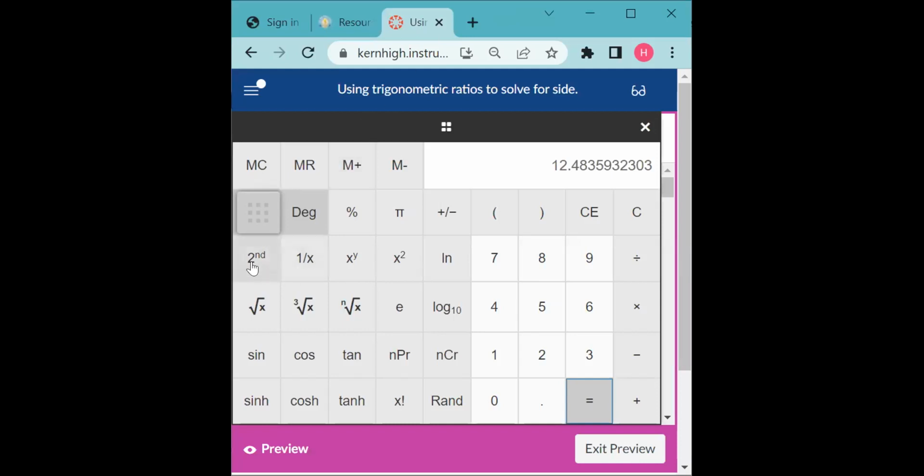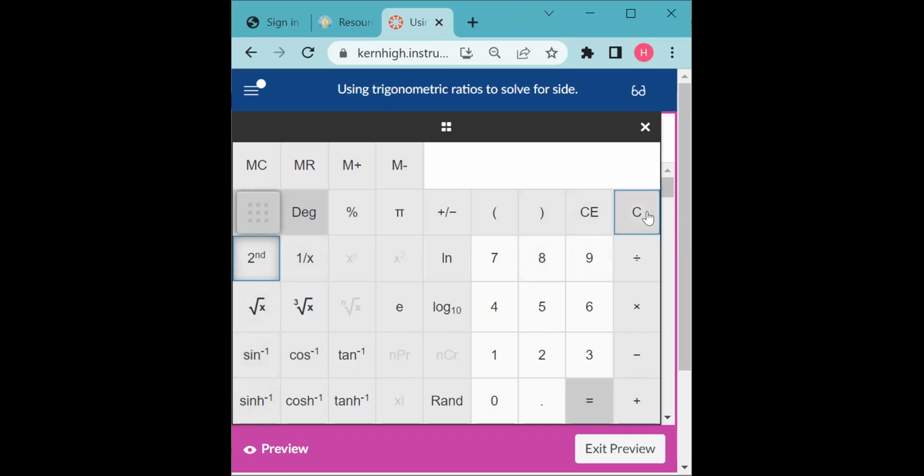However, I see this key that says second. Some calculators say shift. Okay, so I'm going to press second, and oop, I get sine inverse right there. Make sure you use sine, not sinh. This one with an H, we call that sinh. That's a whole different thing. I'm going to use sine, so this sine.